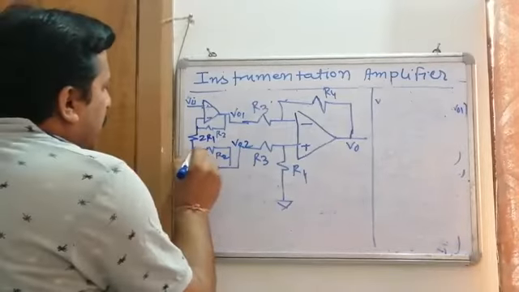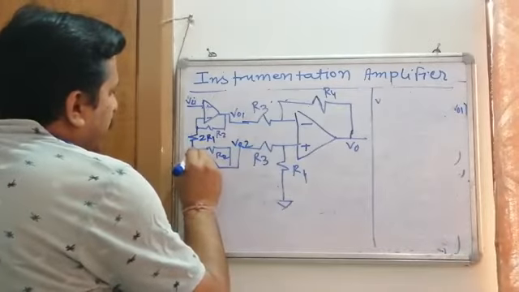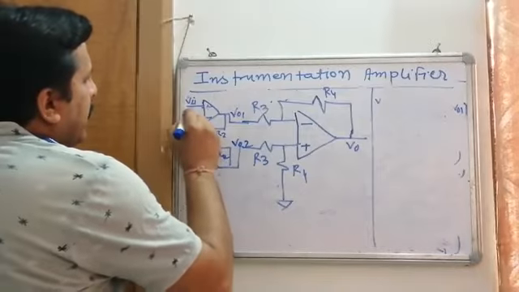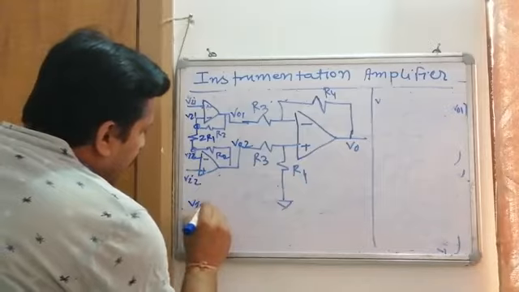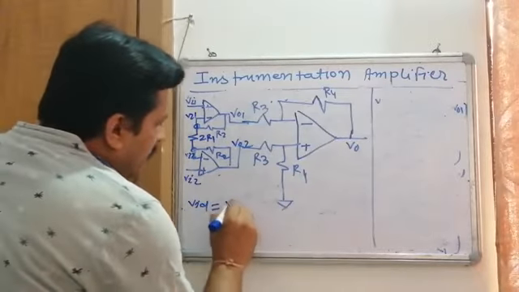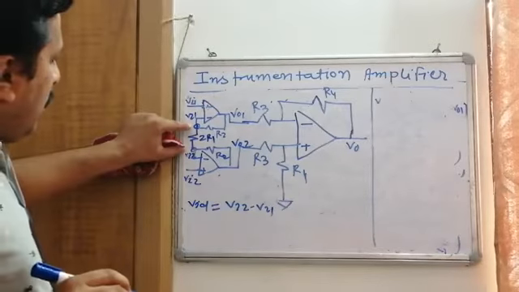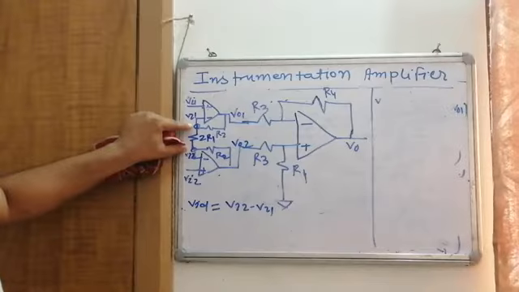So what is the voltage at this point? Simply VI2. And what is the voltage at this point? VI1. We know that this is the difference voltage. VID is equal to VI2 minus VI1. So what is the voltage difference across this resistance 2R1?